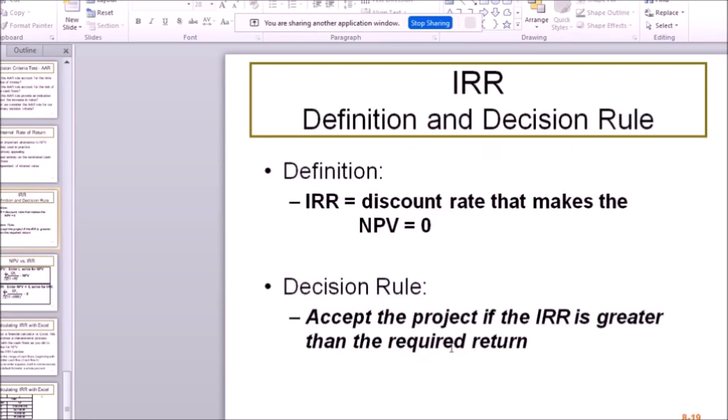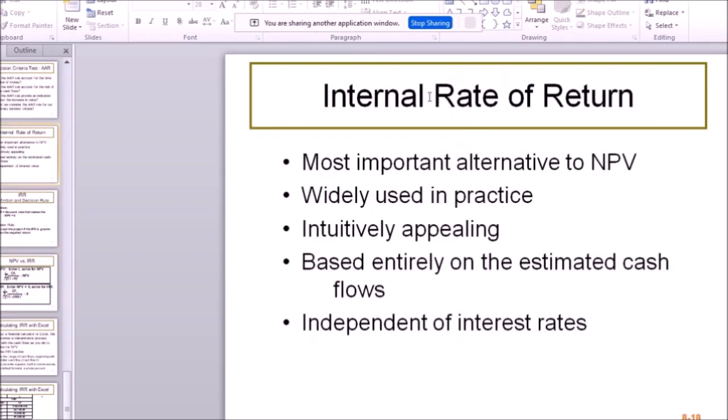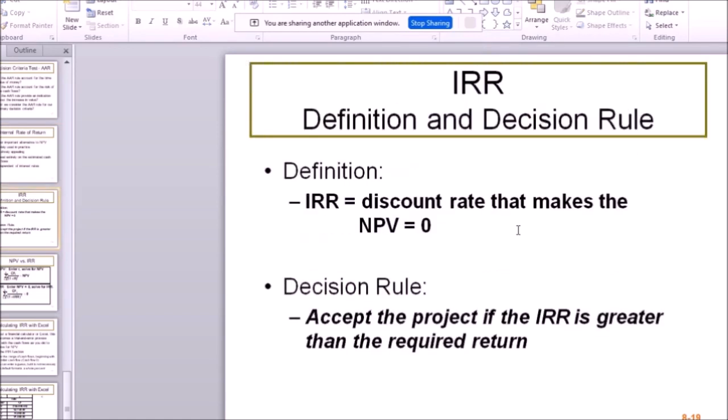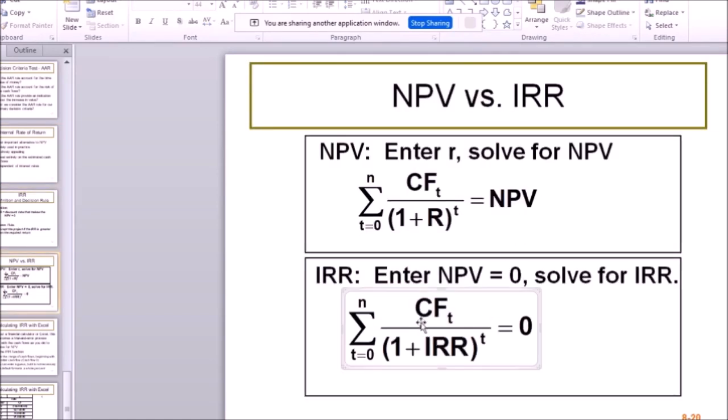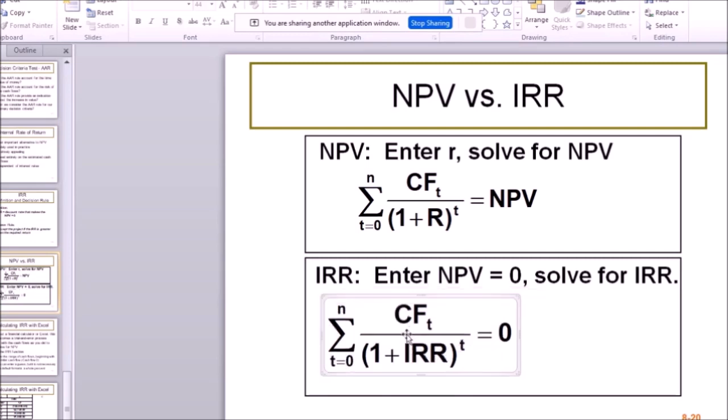That's the general idea: how much rate the project is going to generate for you. Is this factory in Japan going to give you 8% return over the next few years, or 20%? It's the same NPV formula, rearranged. We put zero for NPV and calculate the rate instead.